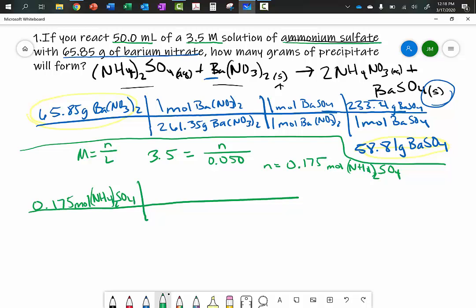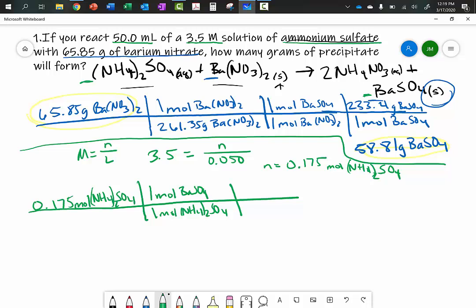Okay. Now I can just use my mole ratios. Now again, I'm going to pick my ratios between my other reactant, in this case ammonium sulfate, and barium sulfate, because I'm going to compare it to my previous calculation.